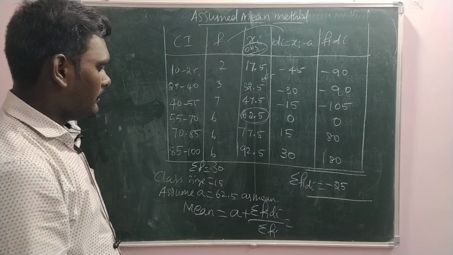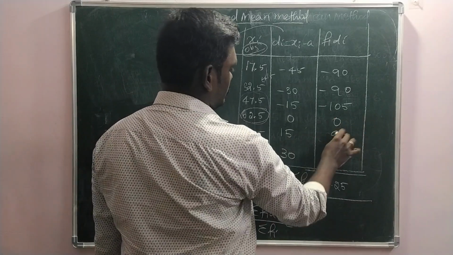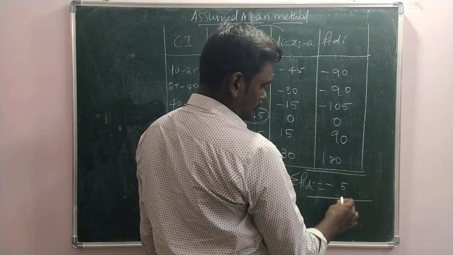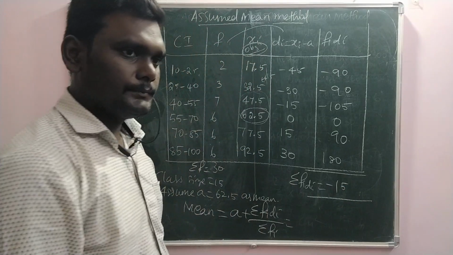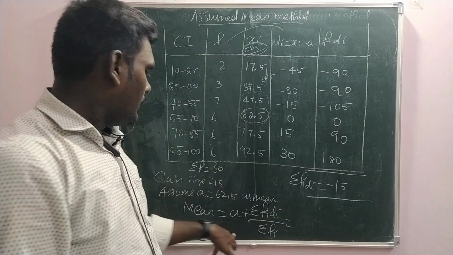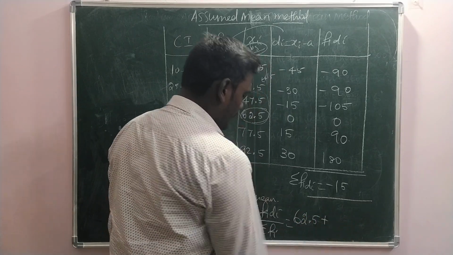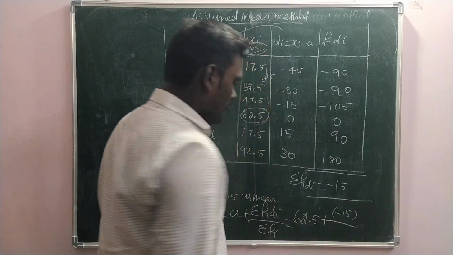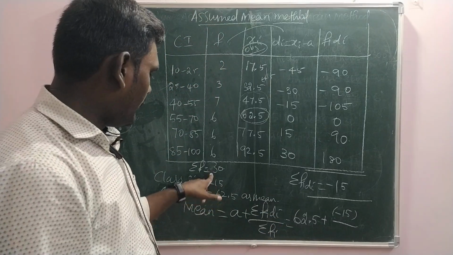Oh yes, sorry, my bad, 60. Then minus 15, correct? And then the A value we have chosen is 62.5 plus sigma fi di. How much did we get? Minus 15, by total sigma fi, which is 30.